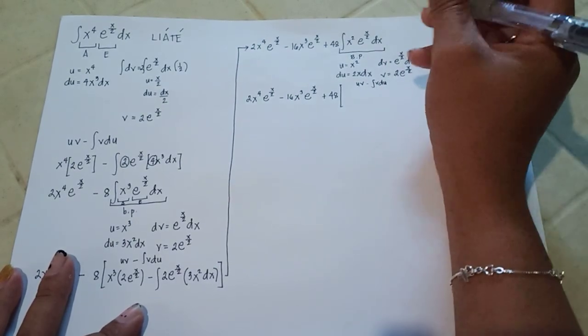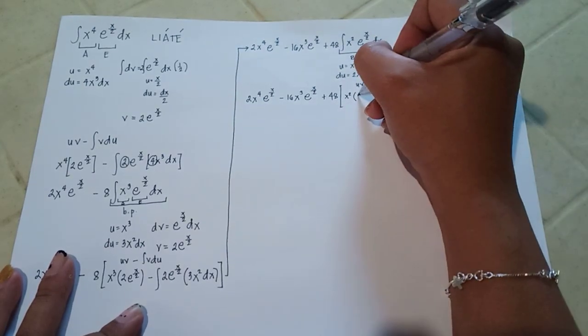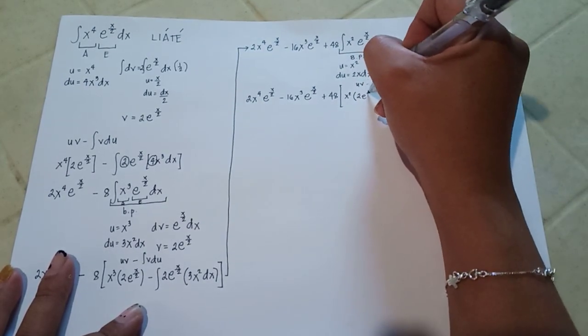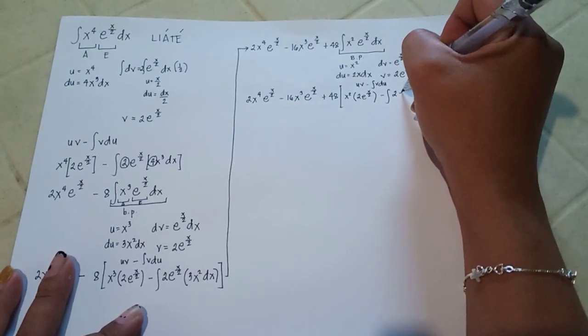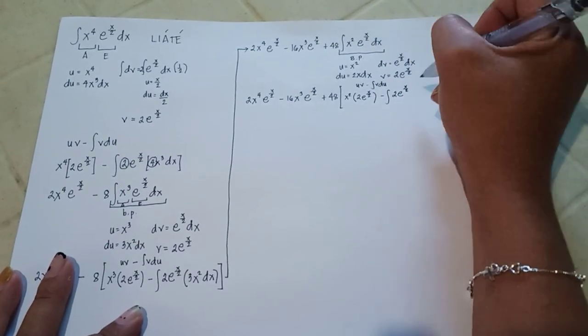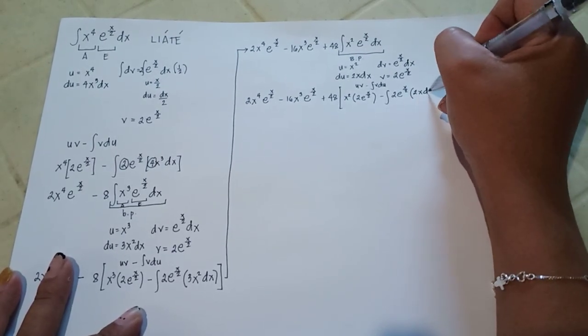So your u now is x squared, your v is 2 e raised to x over 2 minus integral of 2 e raised to x over 2. Now your du is 2x dx.